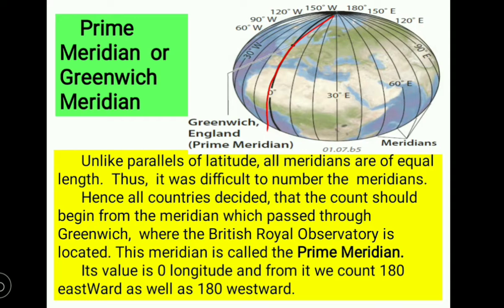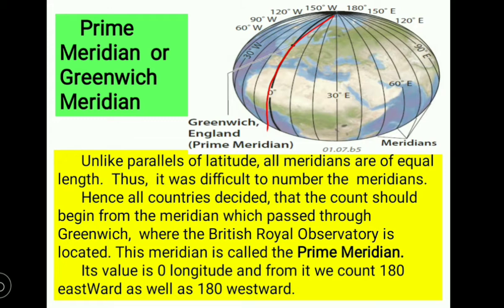So here they have measured one of the longitudes as 0 degree. They chose this place as 0 degree longitude and made their world map on the basis of longitudes and latitudes.